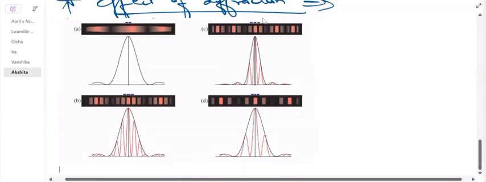When you have a two slit pattern, when you have a three slit pattern, then you will get this type of fringe, meaning you will see one wave. Inside that you will see the interference of the fringes. So something like this pattern is formed.